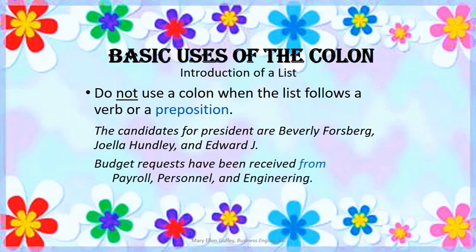As I said, do not use a colon when the list follows a verb or a preposition. Now I'm going to give you an example of a preposition. Budget requests have been received from payroll, personnel, and engineering.